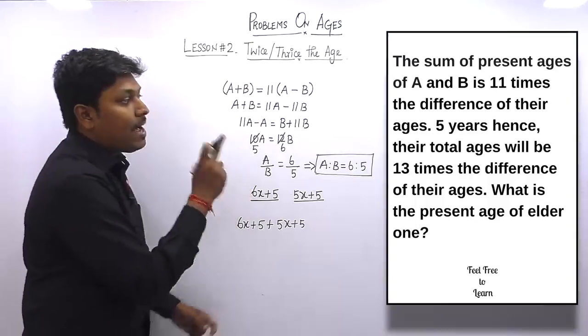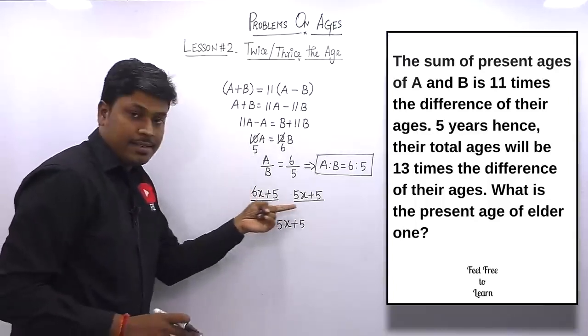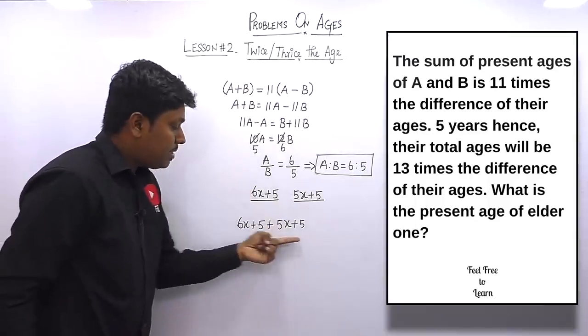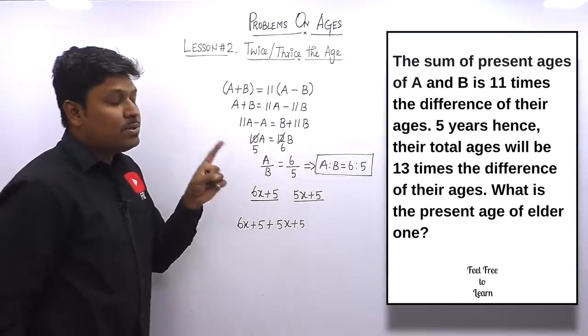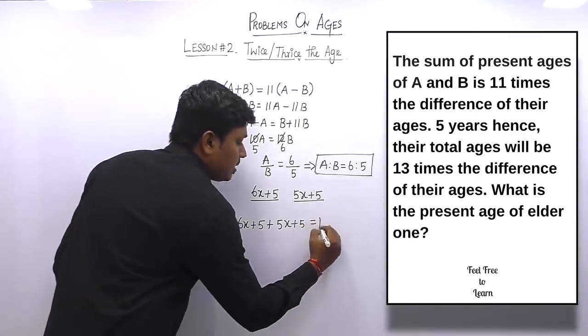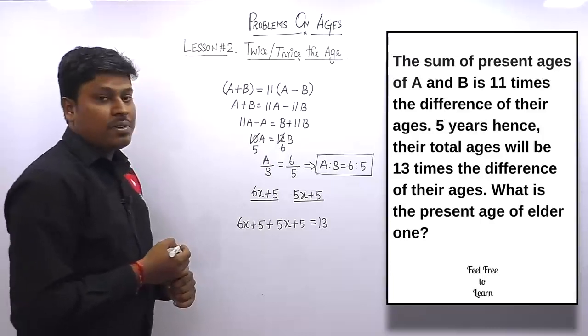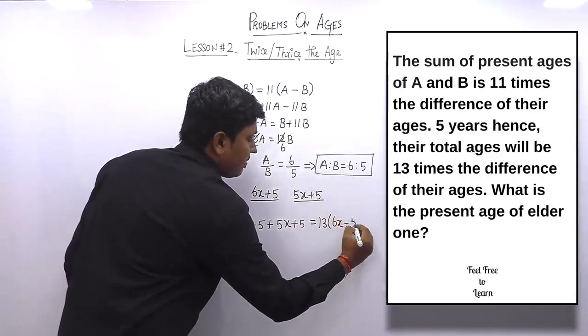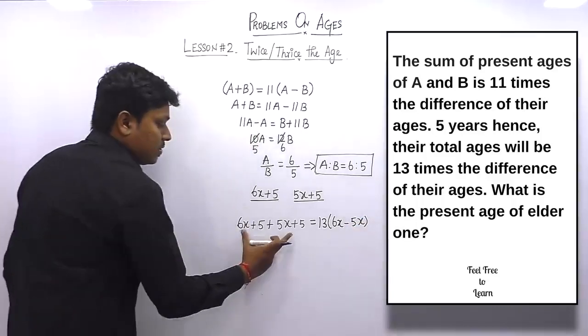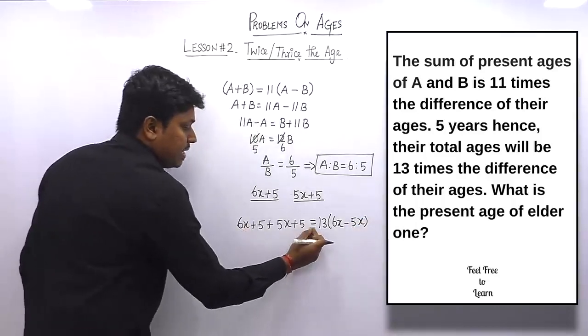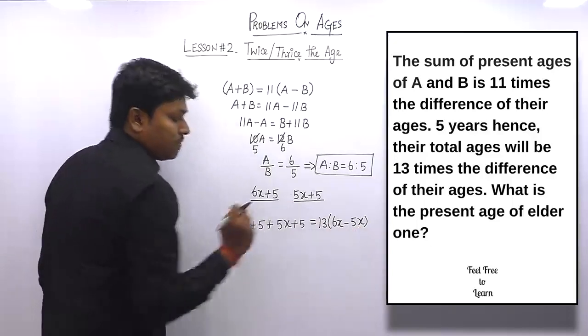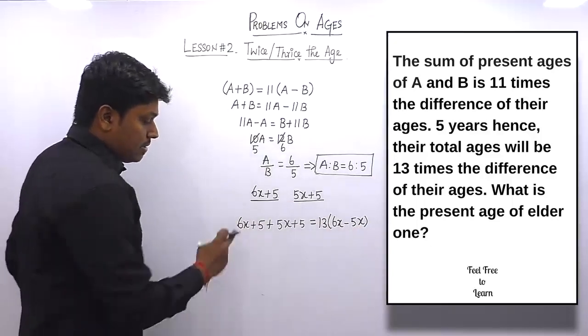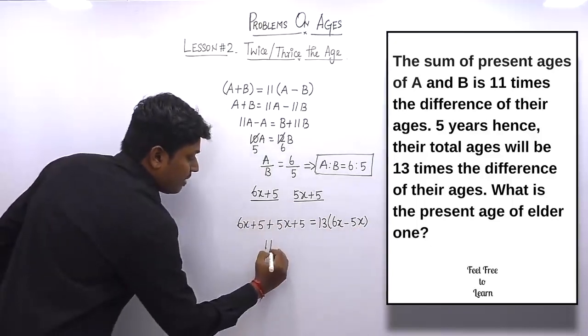Because they are saying after 5 years the total ages. So the total age of person A and person B is equal to 13 times the difference of their ages. So the difference of their ages will be 6x minus 5x, which is subtraction. Got it, friends? So total age after 5 years is equal to 13 times the difference of their ages. So now let me solve this. So 6x and 5x will be 11x.